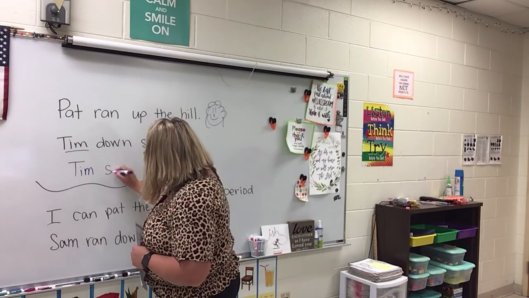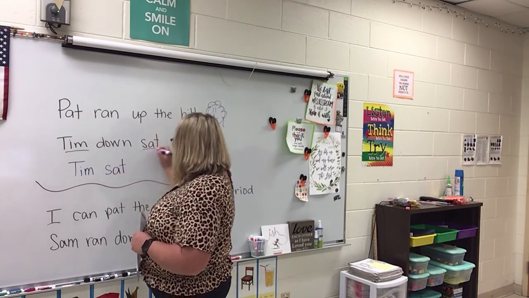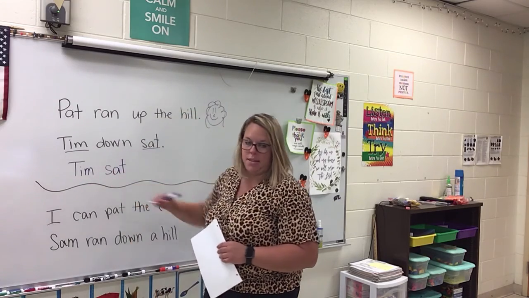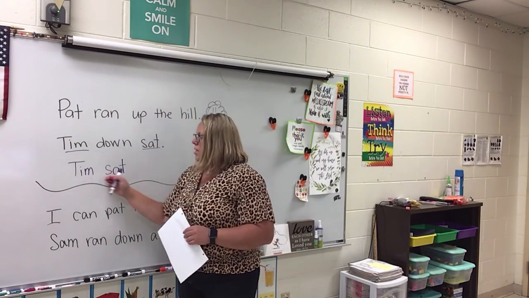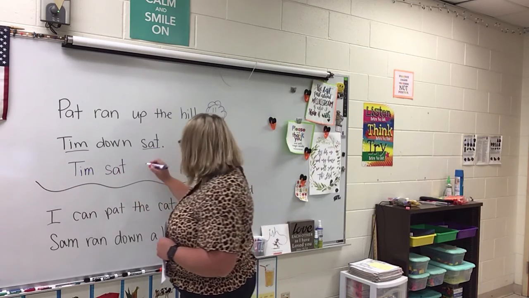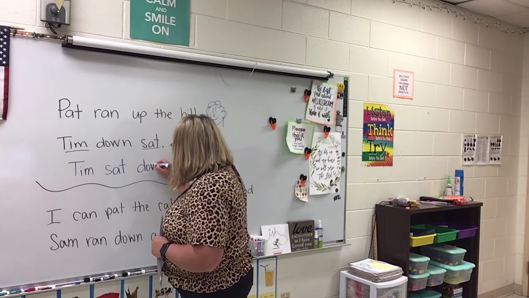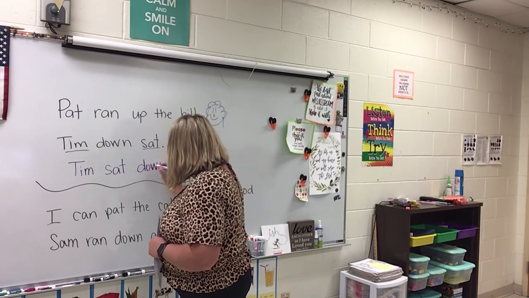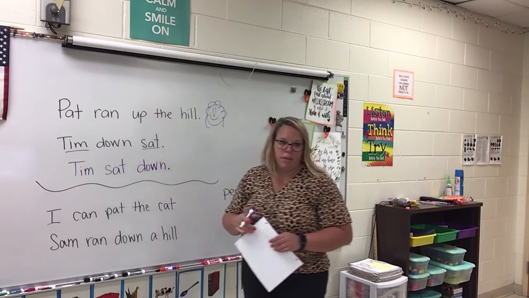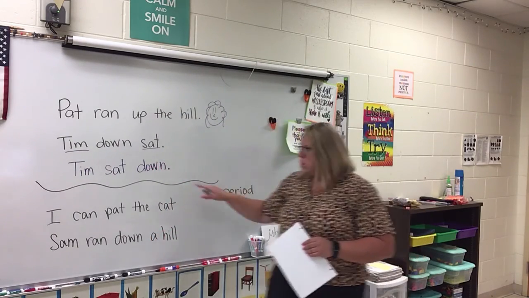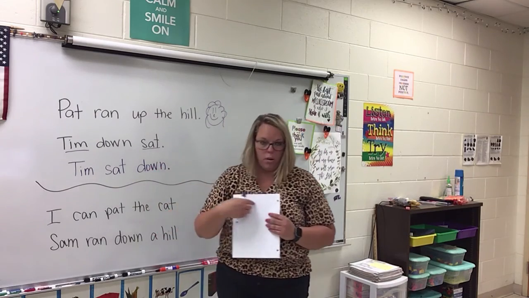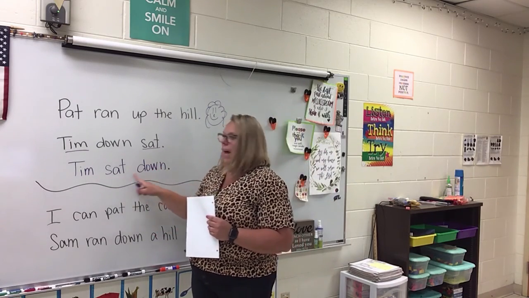Tim sat. So make sure that you have a space in between Tim and sat. Tim sat what? Tim sat down. And then please make sure that you have a period at the end of your sentence. So your sentence on your paper going across should say Tim sat down.